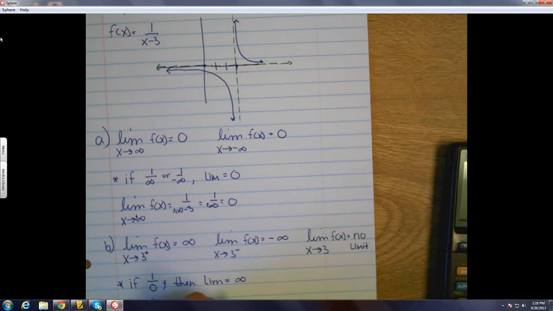And technically we can break this into 2 parts. If it's 1 over 0 on the positive side, you're going to say positive infinity. If it's 1 over 0 on the negative side, you're going to say negative infinity. And I'll talk about that in a minute here.